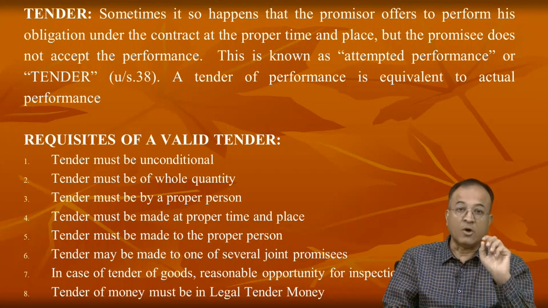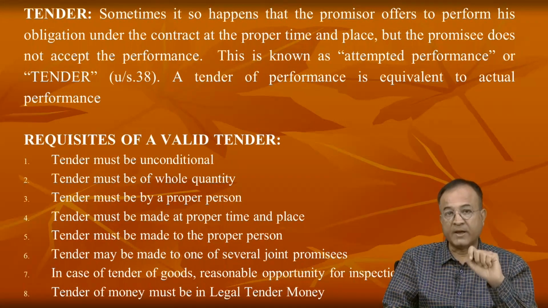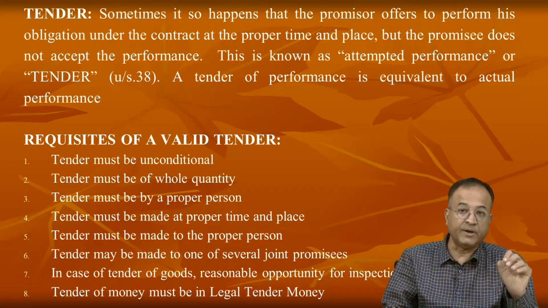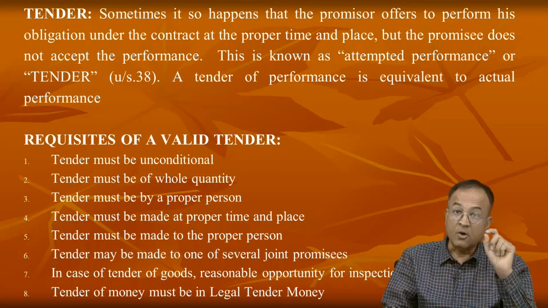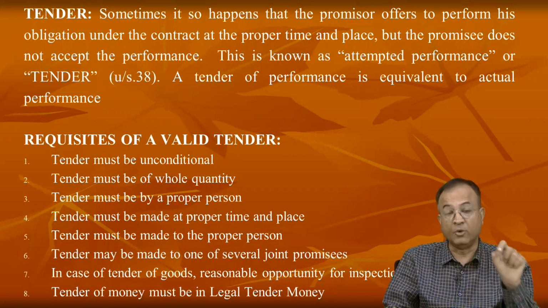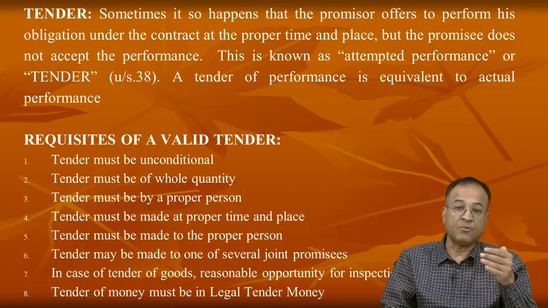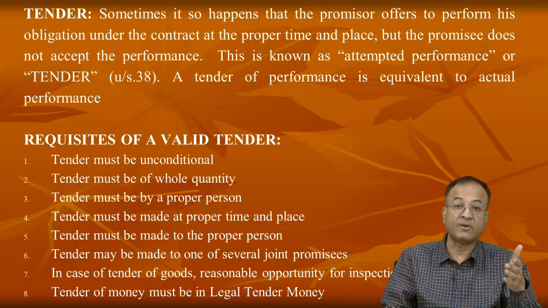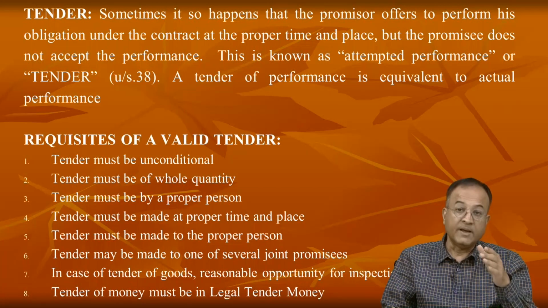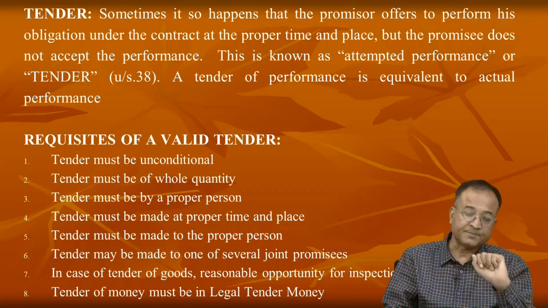A tender of goods must give a reasonable opportunity to the promisee for the inspection of the goods. A tender of goods at such time when the other party cannot inspect the goods is not a valid tender.